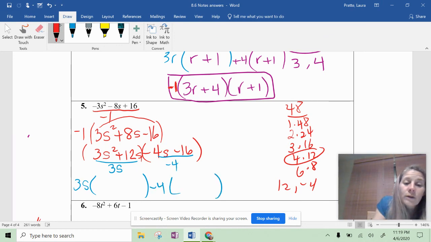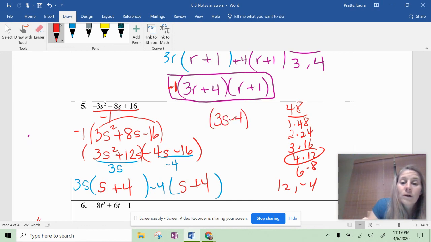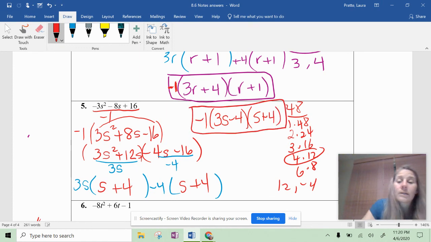So 3s squared divided by 3s leaves me with 1s. 12s divided by 3s leaves me with positive 4. -4s divided by -4 leaves me with s, and -16 divided by -4 is positive 4. So now I can write my final answer, which is going to be 3s minus 4 and s plus 4, and that negative 1 that we talked about needs to go out front.